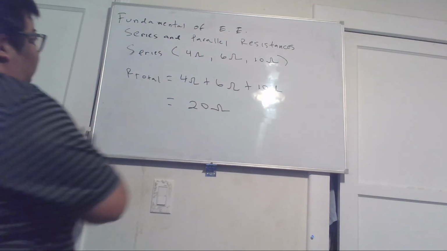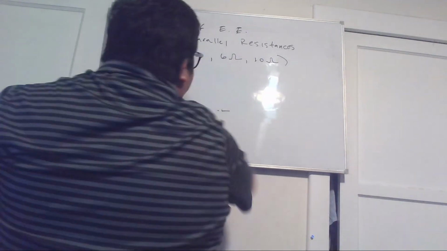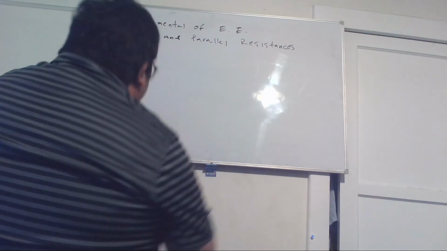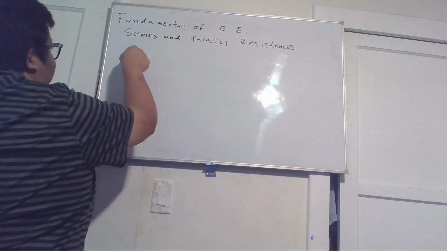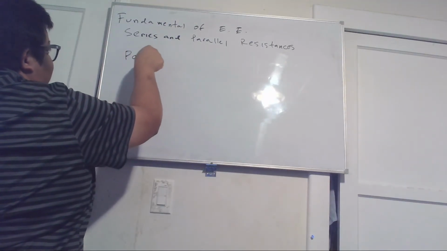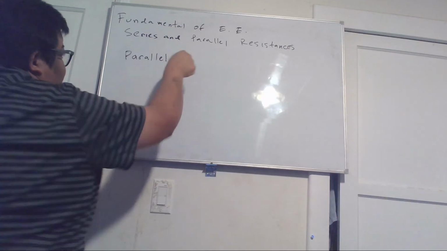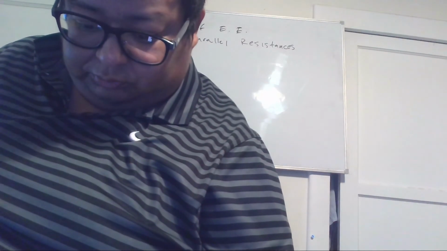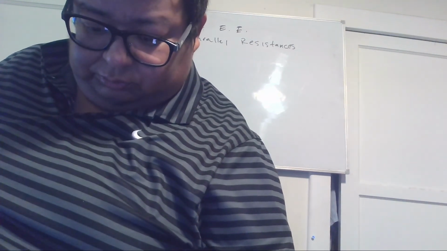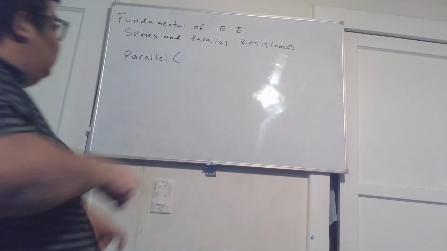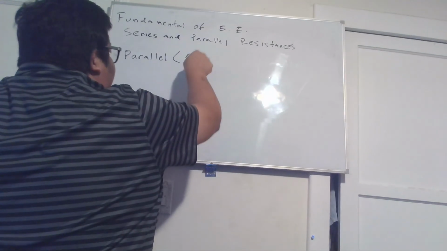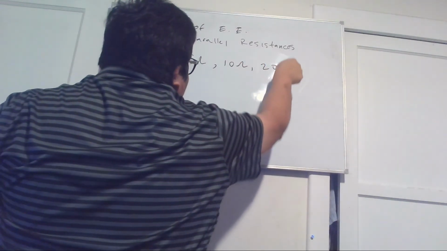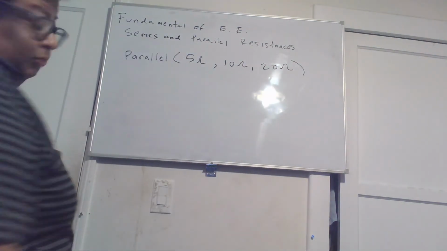Now let's look at one parallel, how you would compute it. Let's say you're given 5 ohm, 10 ohm, and 20 ohm in parallel.